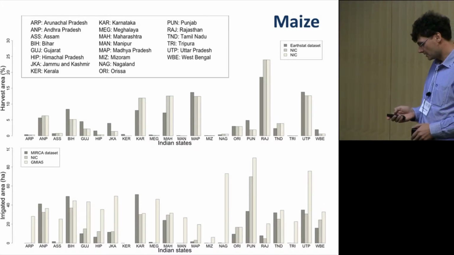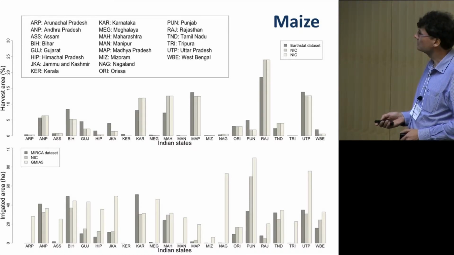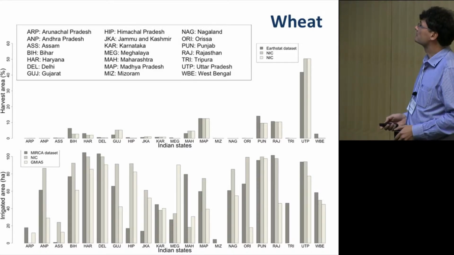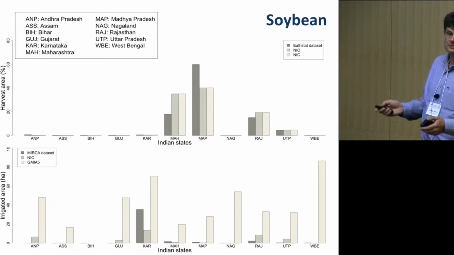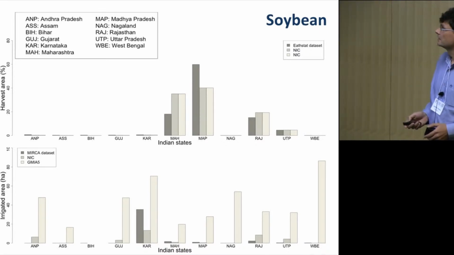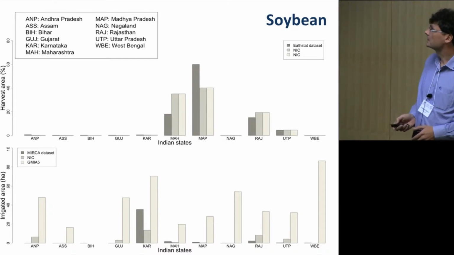And this can also be seen for the other crops. So this is wheat, and this is soybean. Soybean is not cultivated that much at the moment in India, but the area is growing, so it might be important because of this.